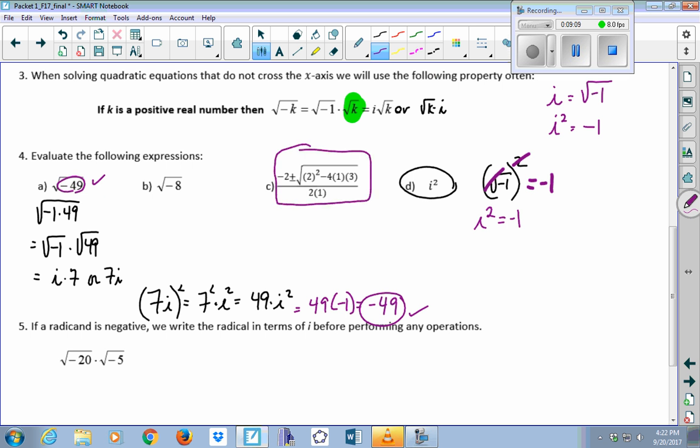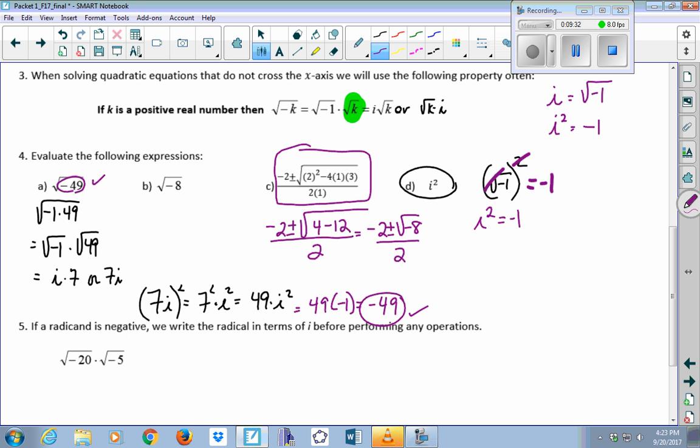Let's just take a look at each part. Negative 2, there's nothing to do. Plus or minus. Let's simplify 2 squared minus 4 times 1 times 3. So we get 4 minus 12 in the numerator, all over 2. So this equals negative 2 plus or minus the square root of negative 8, all over 2.